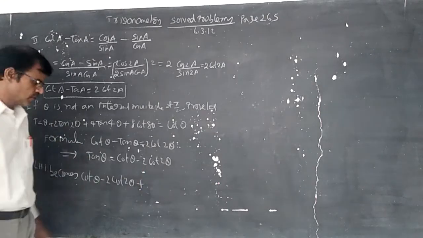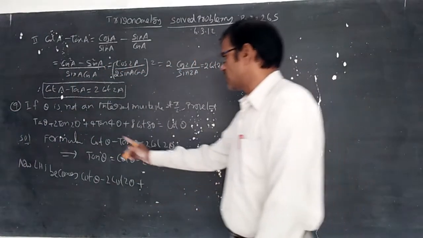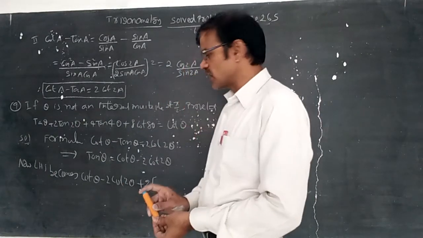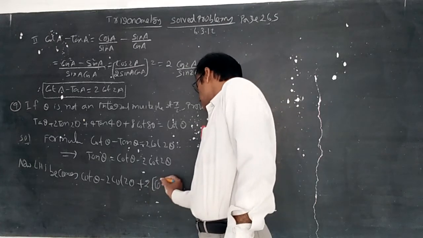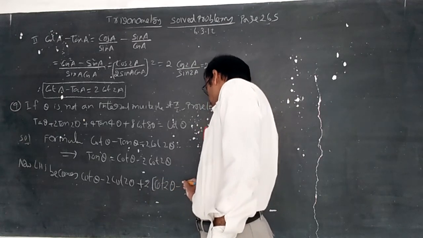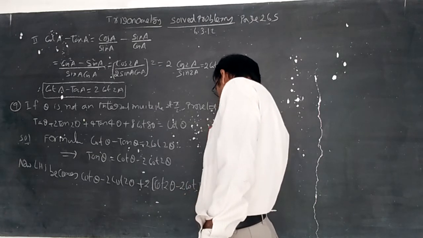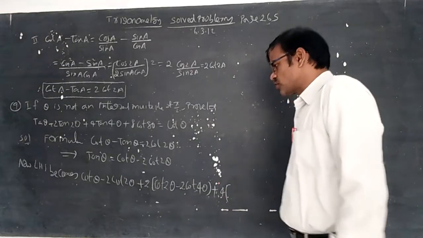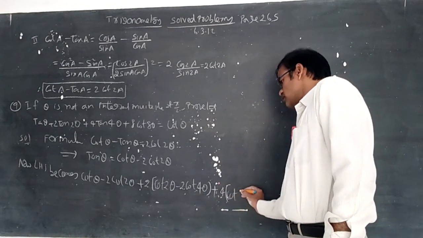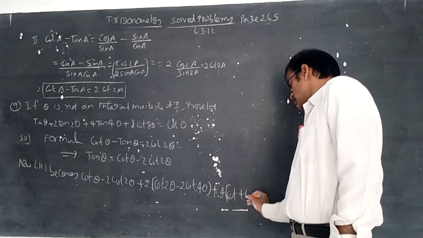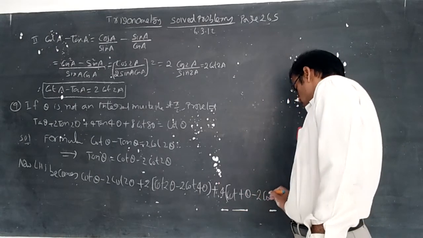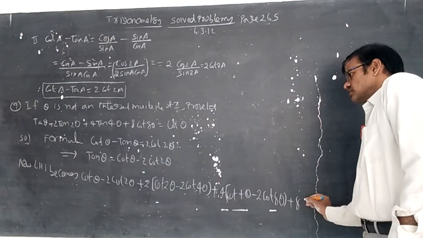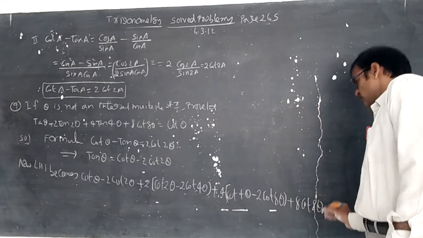This 2 is for the formula. Now plus 2 into tan 2 theta; instead of tan 2 theta, you write cot 2 theta minus 2 cot 4 theta, plus 4 into tan 4 theta, which is cot 4 theta minus 2 cot 8 theta, plus at last 8 cot 8 theta, simply written.